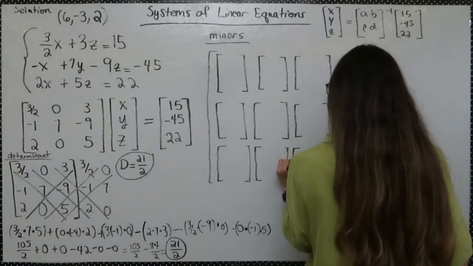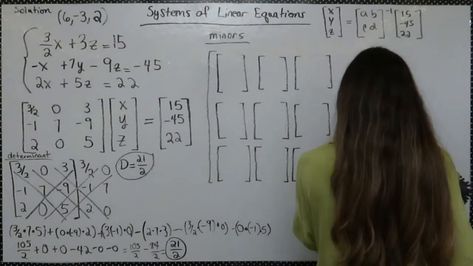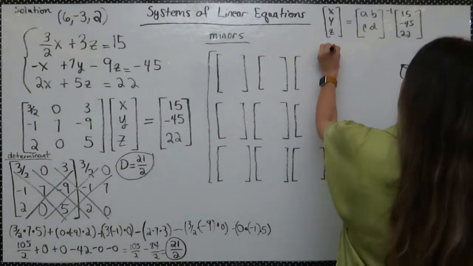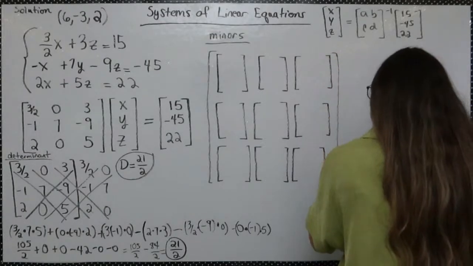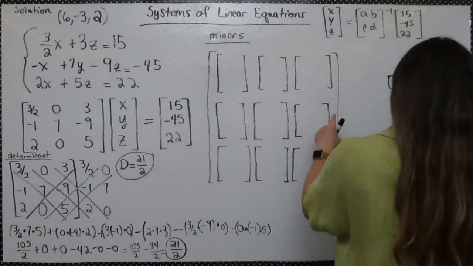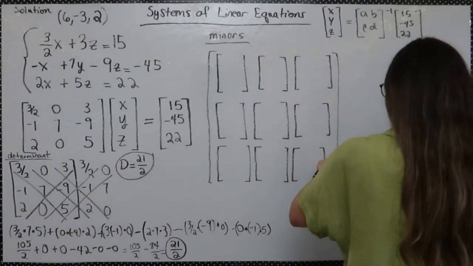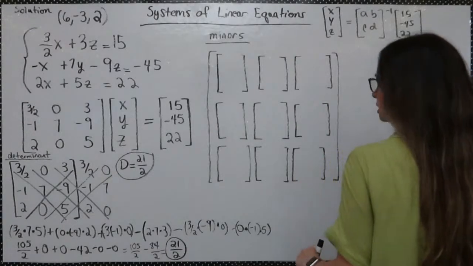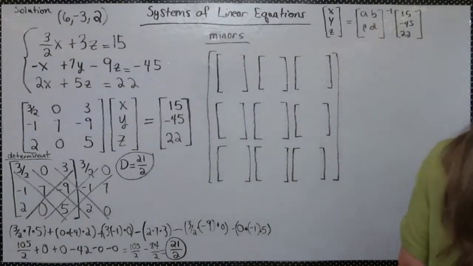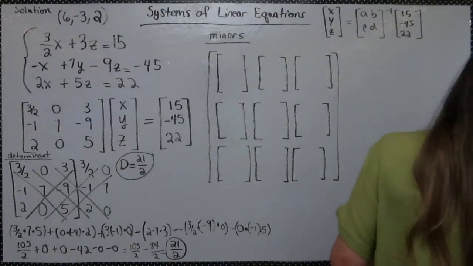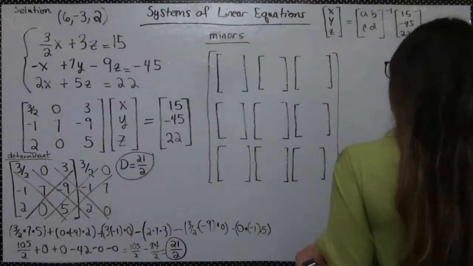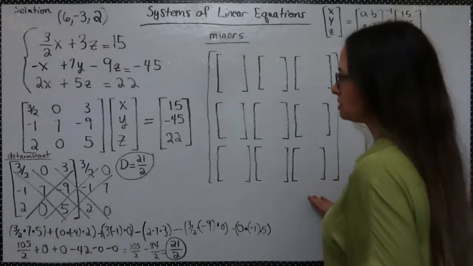And what we have to do is we're going to build this matrix of minors. I'm trying to get the lingo correctly. It's a matrix of minor matrices. Once we do this, we're going to have to get the determinants.